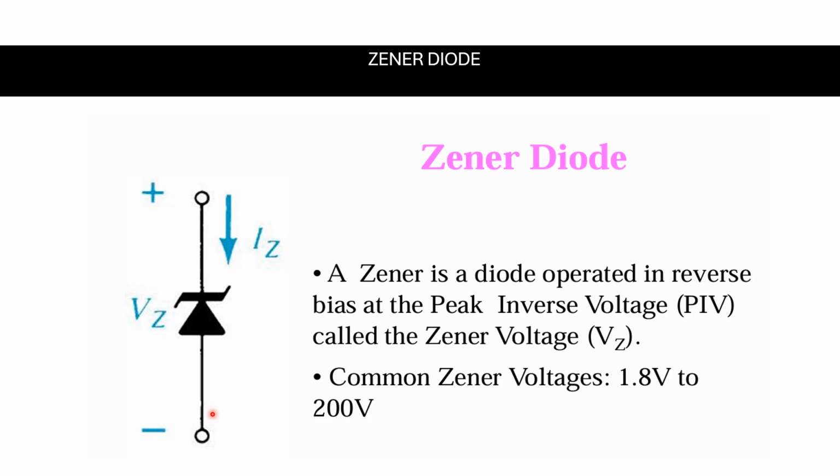After the breakdown voltage, it maintains a constant voltage, whatever reverse current is flowing through it. So the Zener diode is mostly used in the reverse bias condition after the breakdown voltage. The common breakdown voltage is 1.8 to 200 volts.